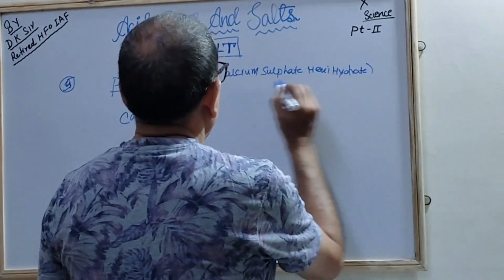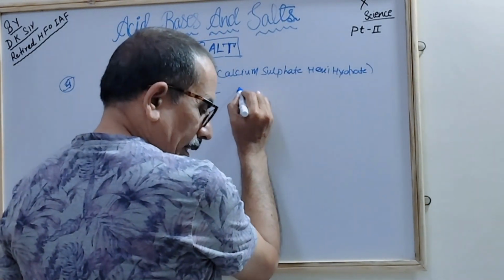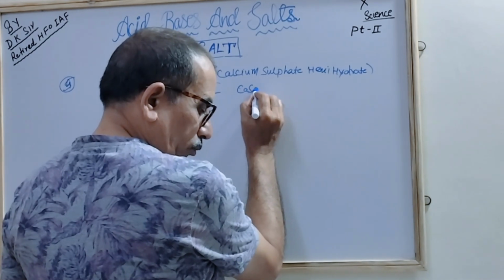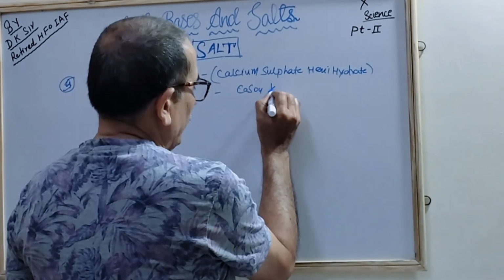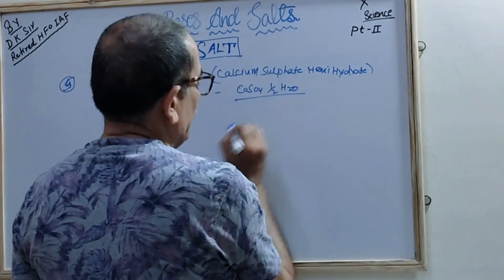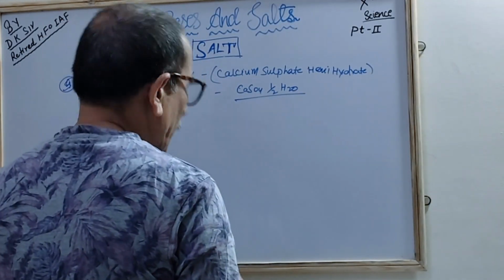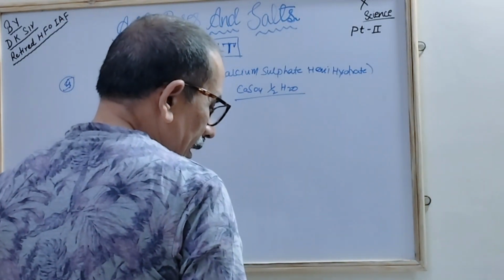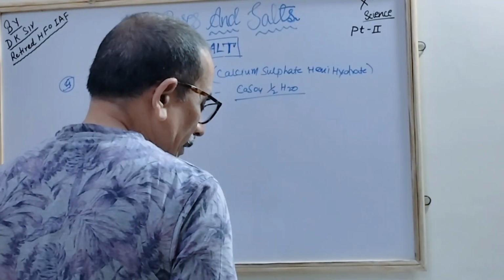Its formula will be like this: CaSO4·1/2 H2O. Correct? This is the chemical formula of plaster of Paris. It is obtained by heating the gypsum.